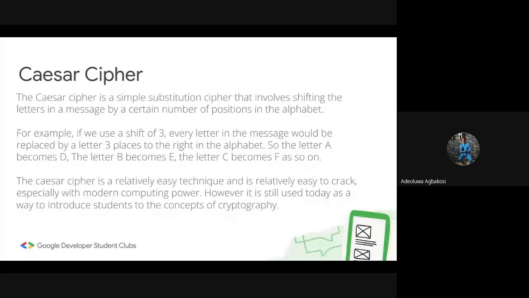Now, when the shift is 1, A becomes B, B becomes C, C becomes D, D becomes E. So we're moving everything one value to the right. That's what it means by a shift of one. If it's a shift of two, we're moving everything to the right by two places. So A becomes C, and B becomes D, like that, exactly.